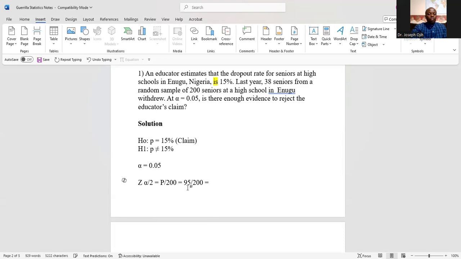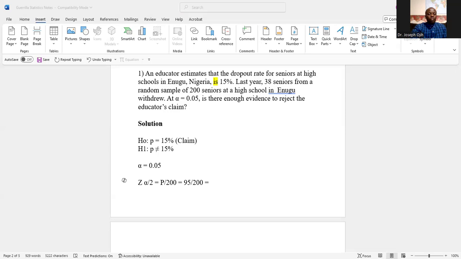That gives me, let me open a calculator so you can see. I have my calculator somewhere. Right here, my calculator.